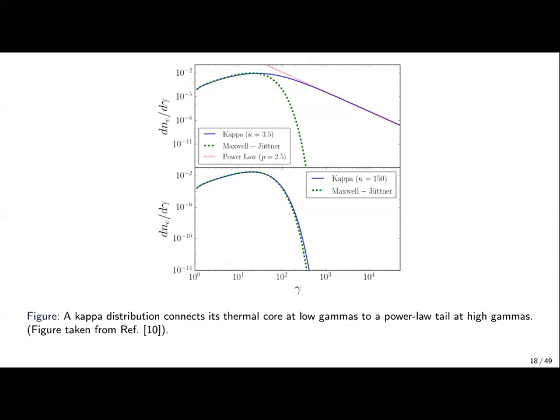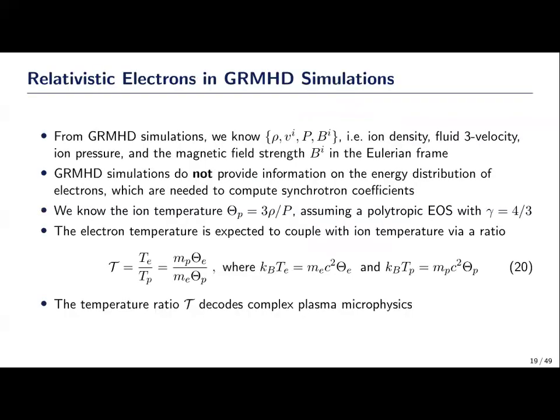And today we mostly work with the kappa distribution that smoothly connects this power law tail to the thermal core, which has been successfully used ever since to describe the electron distributions in interstellar media. Okay, so now we have a problem.